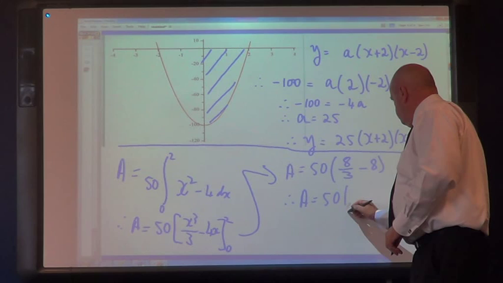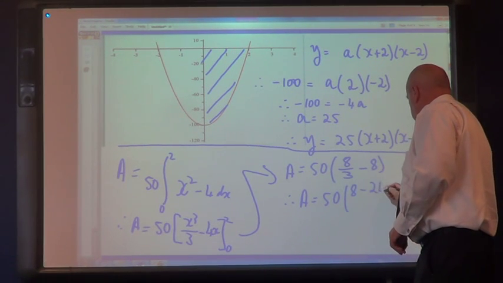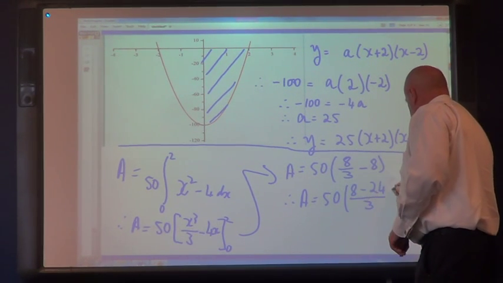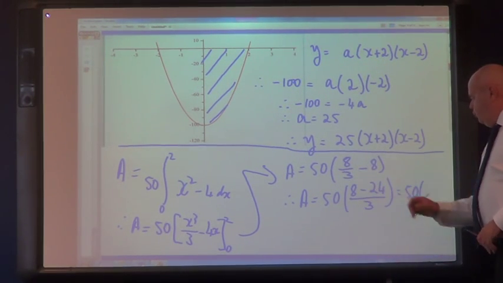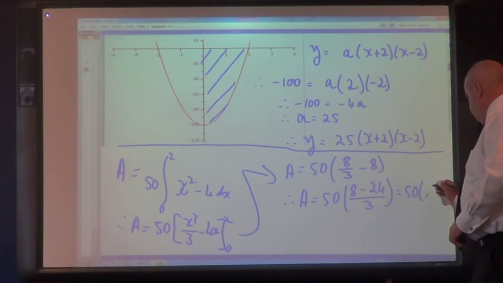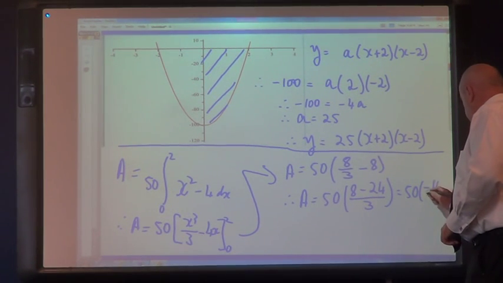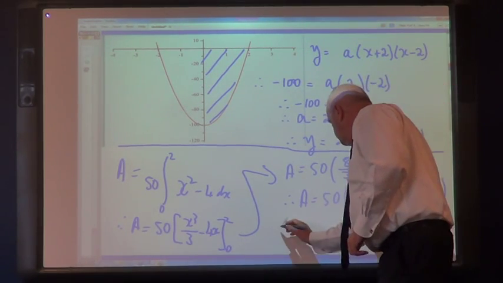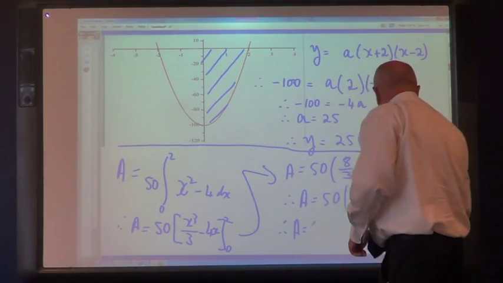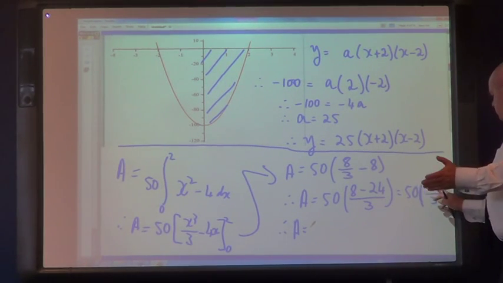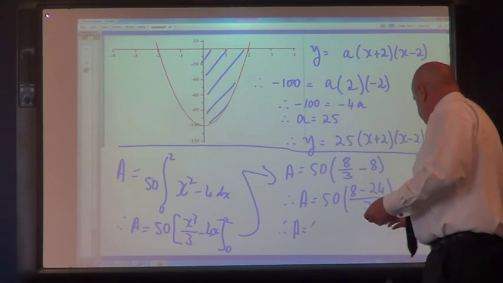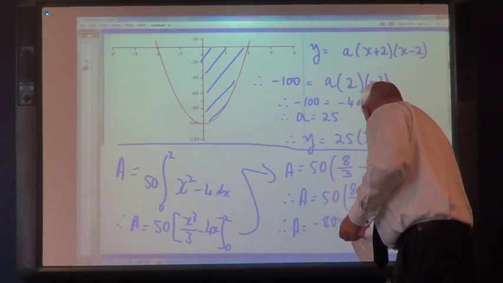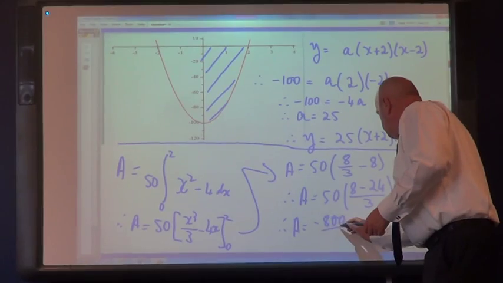So 8 minus 24 on 3 equals 50, bracket, 8 take 24 is -16 on 3. And therefore, A equals that times that. Well, you know, it's just 8 times 100, isn't it? Yeah, 8 times 100, so it's -80, no, 800 I should say, on 3.